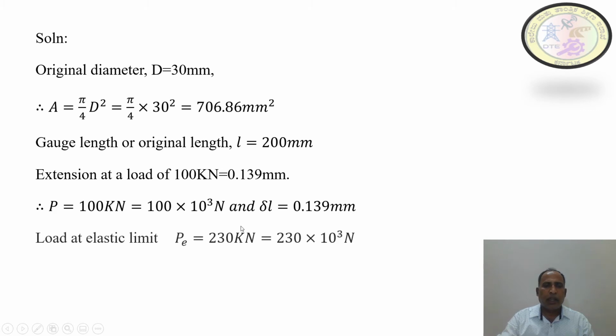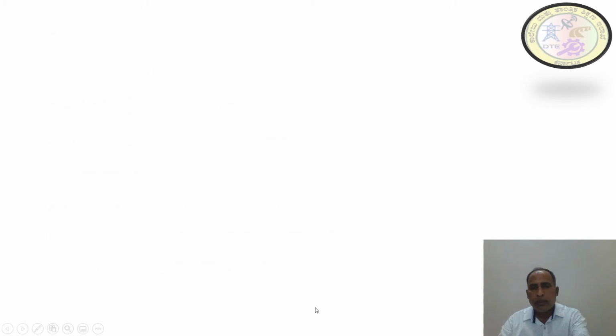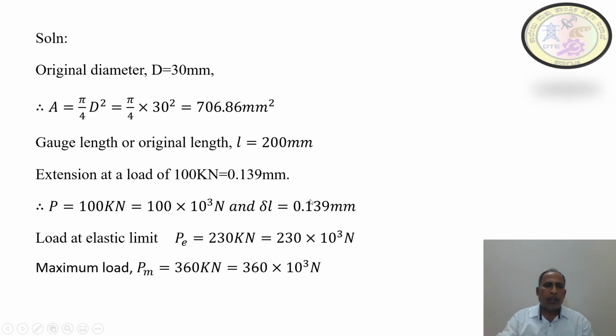The load at elastic limit P is 230 kilonewton, that is equal to 230 into 10 raised to 3 Newton, and maximum load PM, or you can take PU, the ultimate load, 360 kilonewton, that is 360 into 10 raised to 3 Newton. From this data, the extension at a load of 100 kilonewton is 0.139 mm.